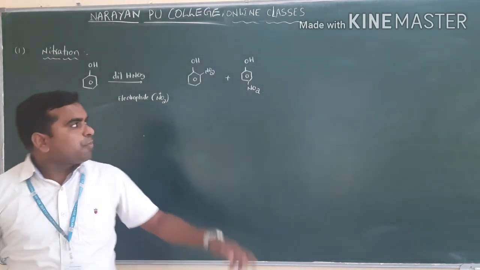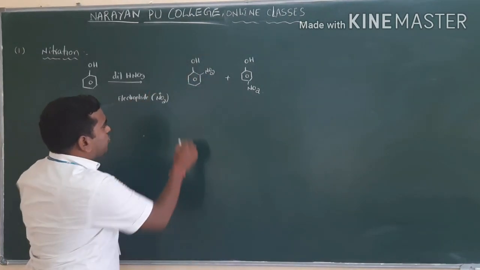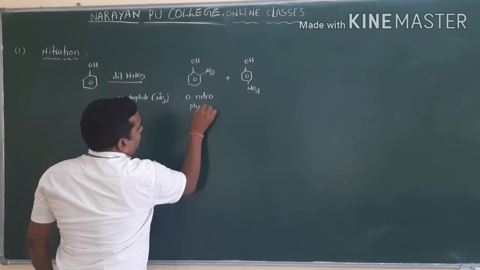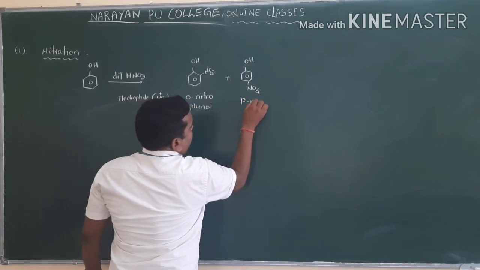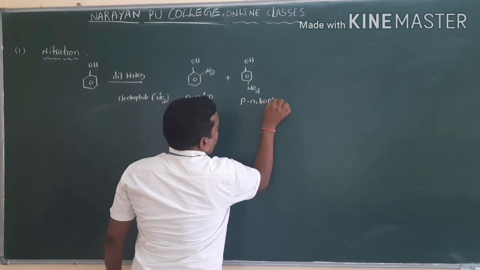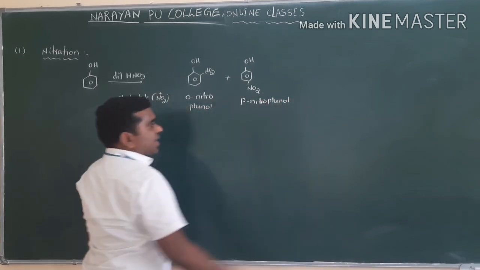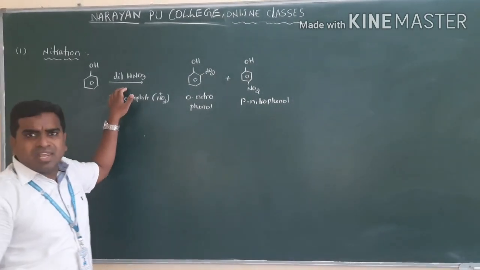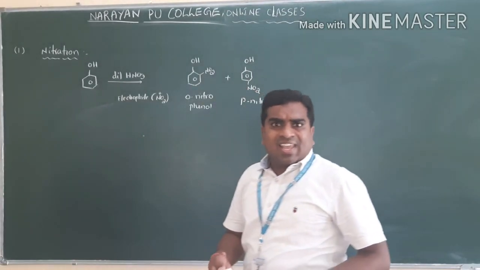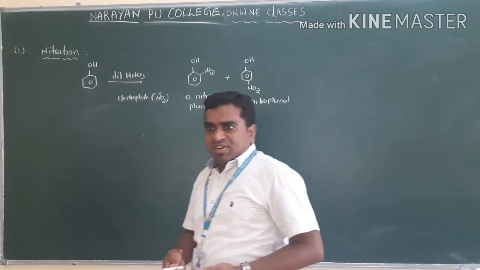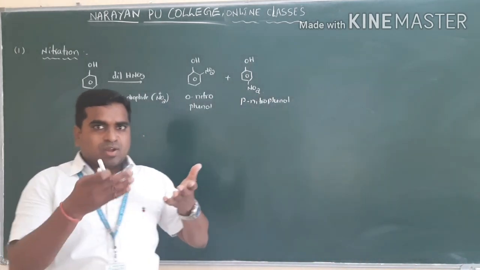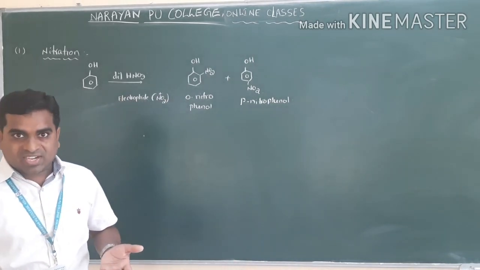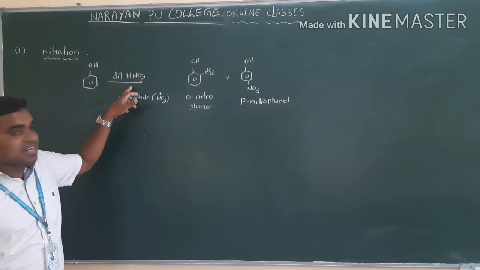Clear? So what is the compound name? This is orthonitrophenol, and this one is para-nitrophenol. With dilute HNO3, we need not use any Lewis acid catalyst here. In benzene, we discussed that whenever we take benzene and chlorine, we take FeCl3 or AlCl3, which increases the rate of reaction.